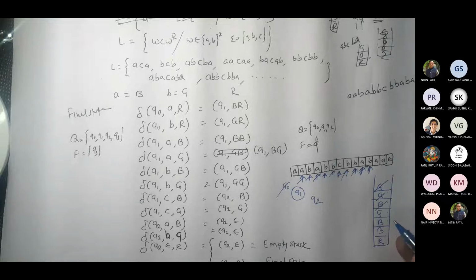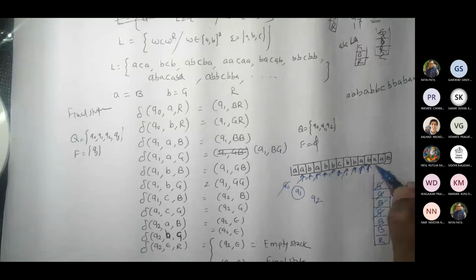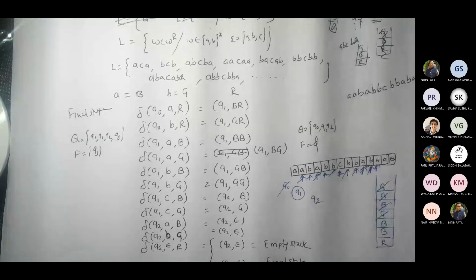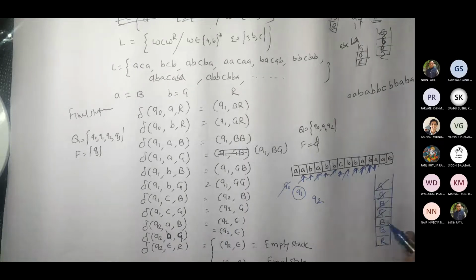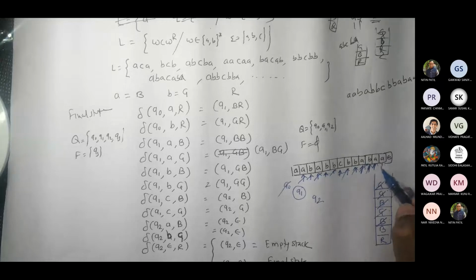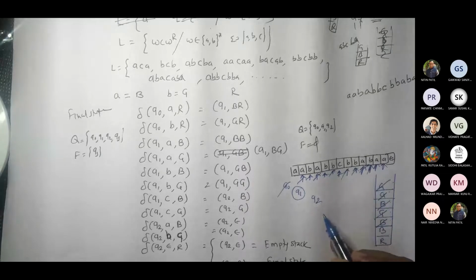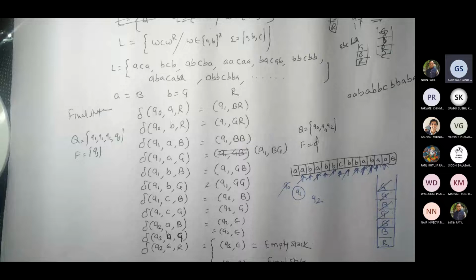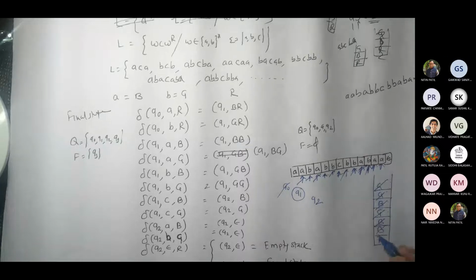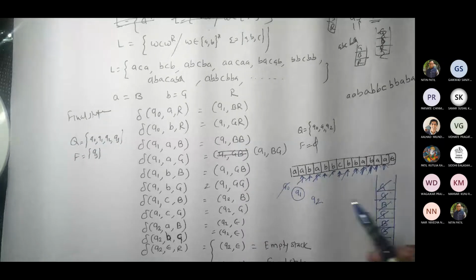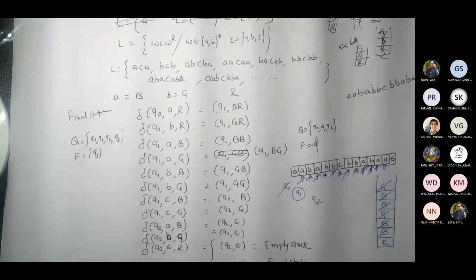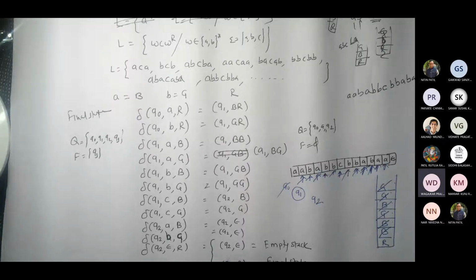Pop G. Q2 A B. Pop B. Very good. Q2 A B. Again pop B. Q2 epsilon R. Empty stack.